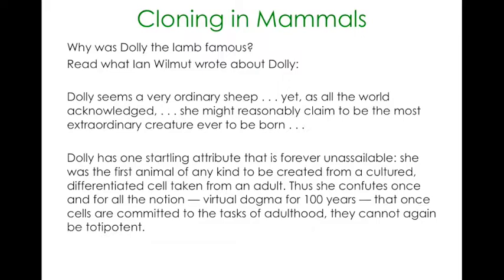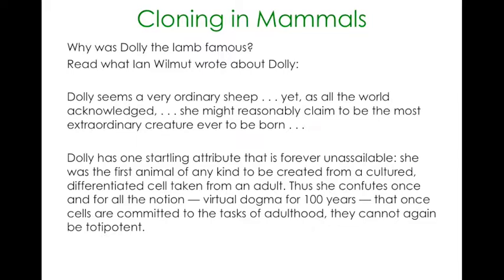Here is an article that Ian Wilmut wrote about Dolly. "Dolly seems a very ordinary sheep, yet as all the world acknowledged, she might reasonably claim to be the most extraordinary creature to be born. Dolly has one startling attribute that is forever unassailable. She was the first animal of any kind to be created from a cultured, differentiated cell taken from an adult.